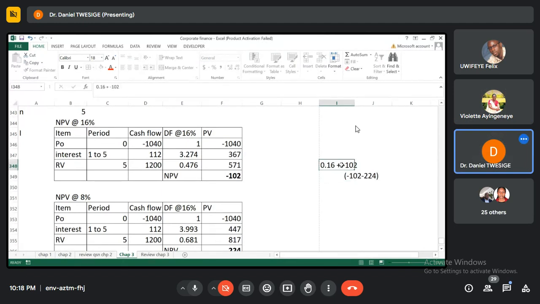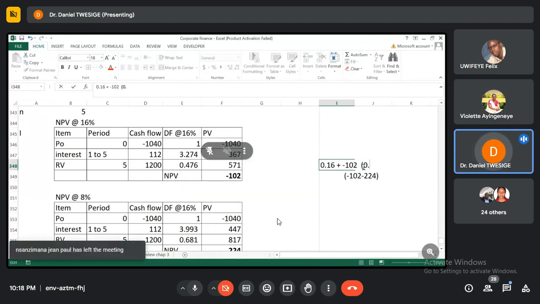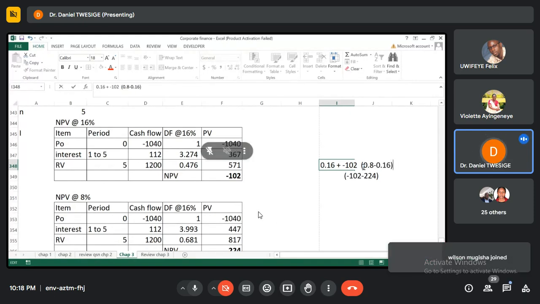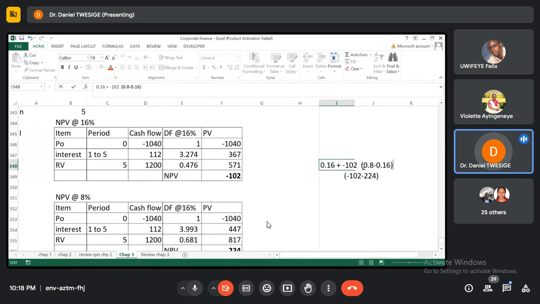The answer will be the same. And then here I will have 0.08 minus 0.116. You're going to get the same answer. If I use the cost of capital, or the lower rate and the higher rate, it's giving me the same answer, as long as you can mark your signs.